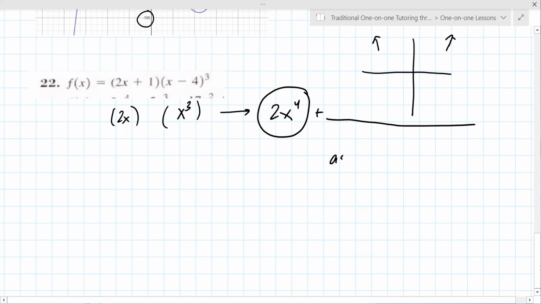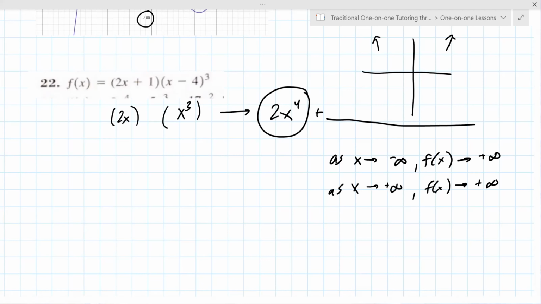And that's how you figure out, okay, as x goes to -infinity, f of x goes to positive infinity, it goes up. As x goes to +infinity, somewhere to the right, f of x also goes to +infinity. And you can do that before you do any graphing. The graphing will basically just confirm what we just said.